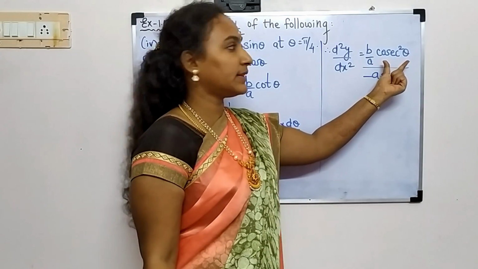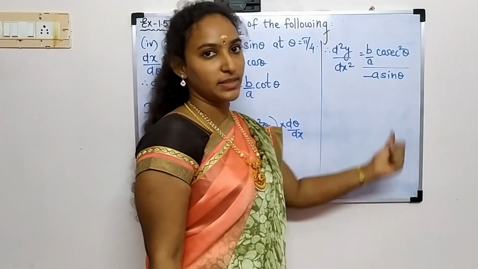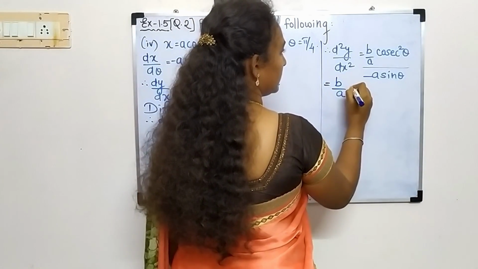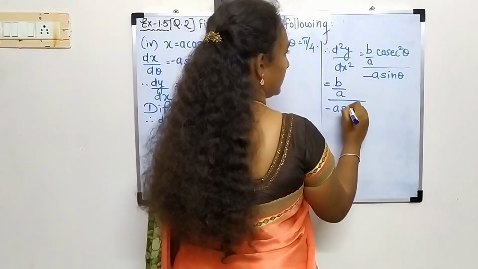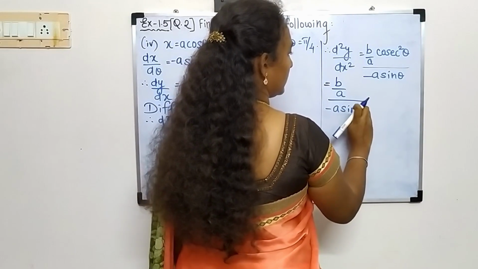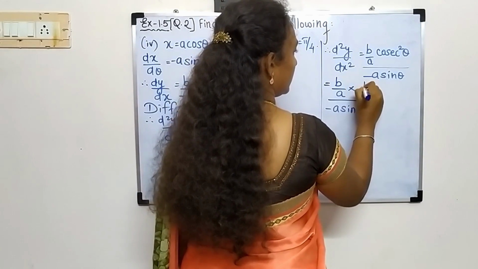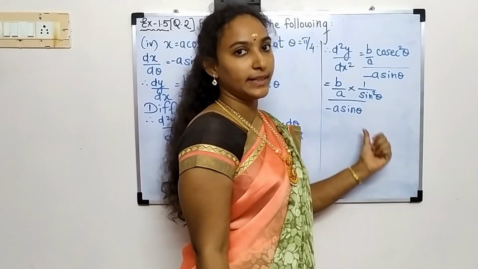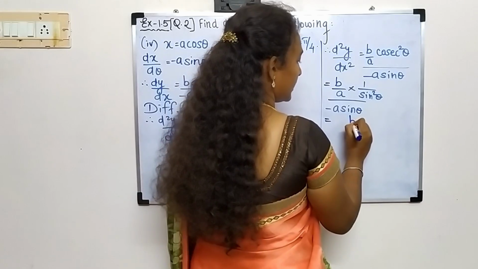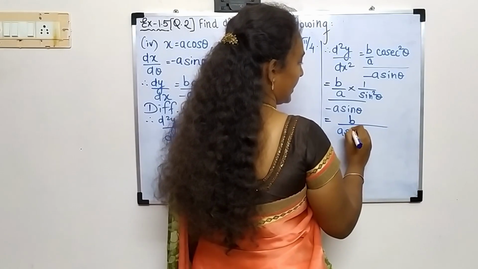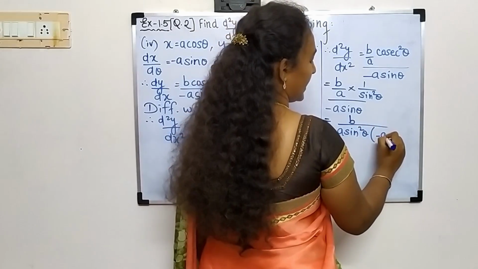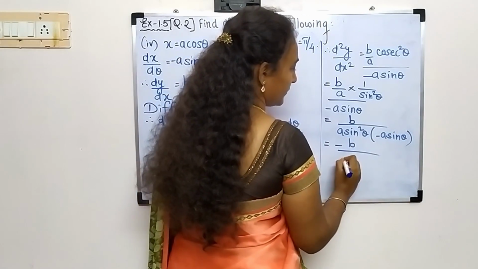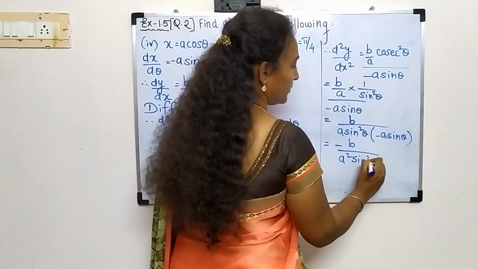So this cosec square theta can be written as 1 upon sin square theta. Let us take this a sin square theta to the denominator. So this is b upon a sin square theta minus a sin theta, which is equal to minus b upon a square sin cube theta.